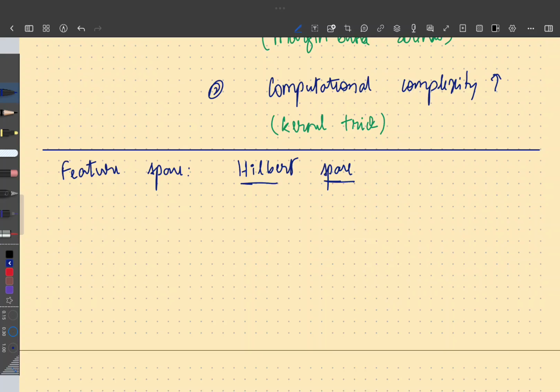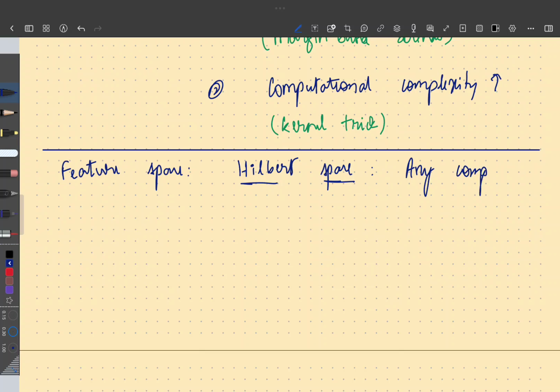So it's not any arbitrary vector space. If it's R^D' for some D', then that's also already a Hilbert space. But more generally, it can be even an infinite dimensional space, not necessarily finite dimensional. So what is a Hilbert space?